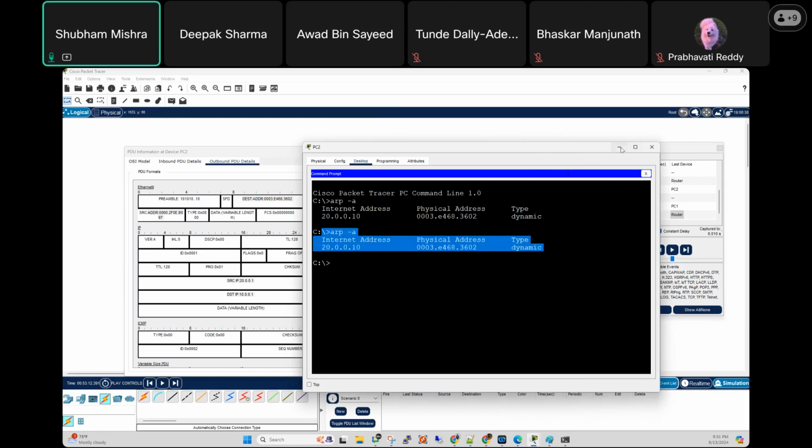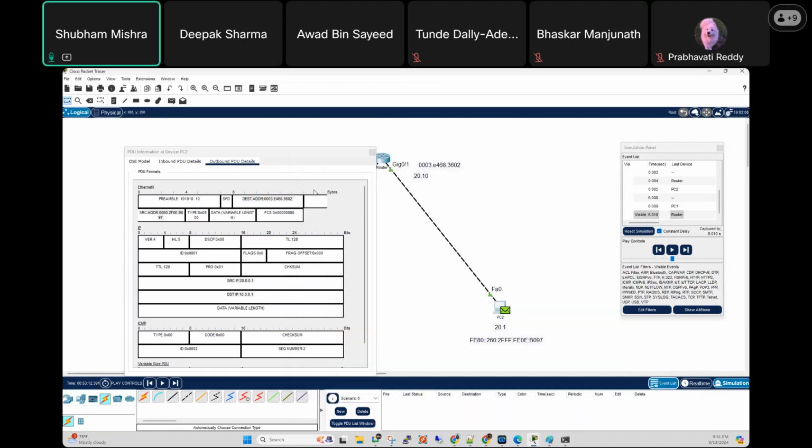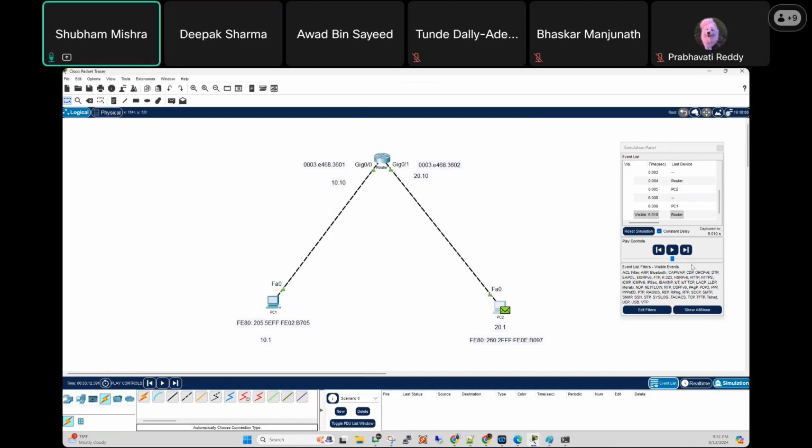Generally, for how much time does a PC maintain the ARP table? 4 hours. Right? So PC number 2 just resets the timer. Clear, everyone? Understand? Yes.